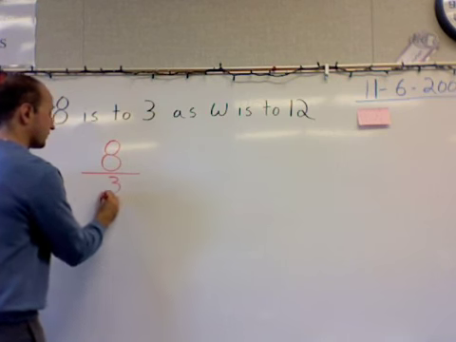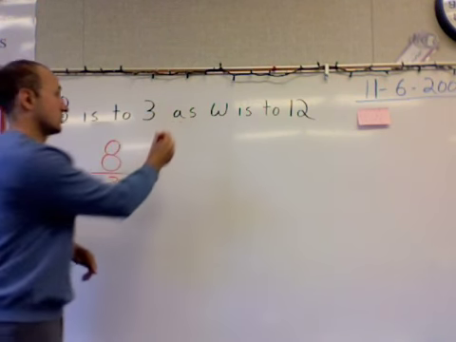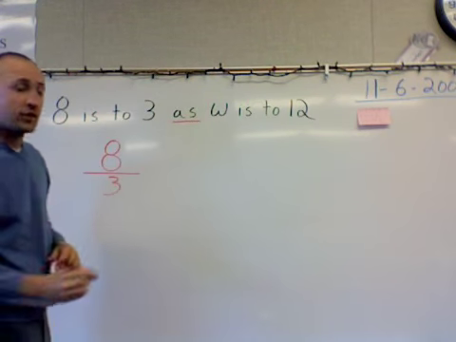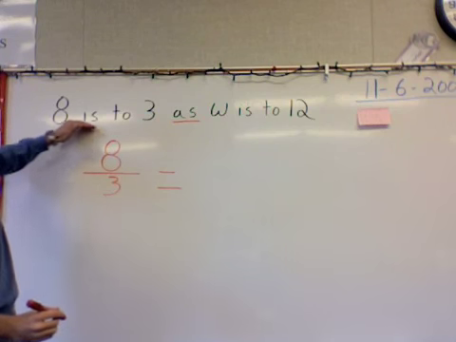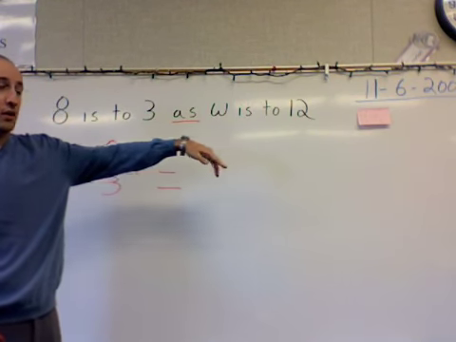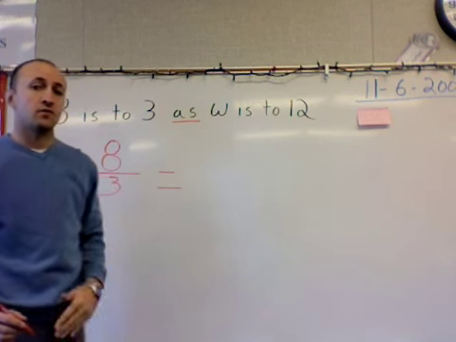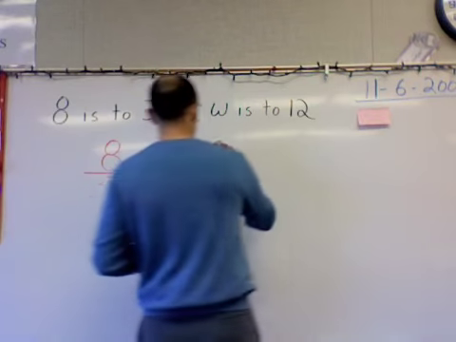8 to 3. Now another thing you want to pay careful attention to, when it says as, we know that we can kind of fill that in automatically with an equal sign. So 8 is to 3 as W is to 12. W is to 12 is basically going to be represented as W over 12.